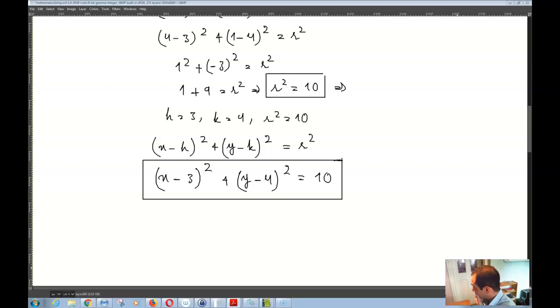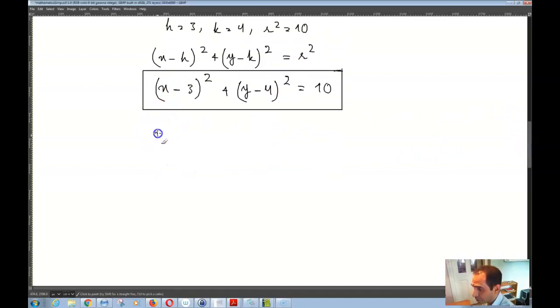But of course they've written that in 11.1, number 10. Okay, so we can expand this. We can write it as x squared plus 9 minus 6x plus y squared plus 16 minus 8y is equal to 10.